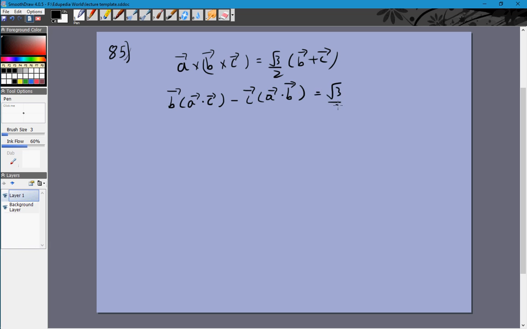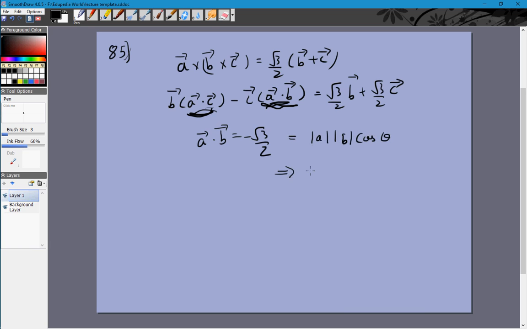This is equal to root 3 by 2 B plus root 3 by 2 C. Now since B and C are not collinear, this term has to be equal to root 3 by 2 and this term has to be equal to minus root 3 by 2, which means A dot B is equal to minus root 3 by 2, because B and C are linearly independent vectors. This is equal to mod A mod B cos theta, which means the angle between them is 150 degrees, which is 5 pi by 6, which means the answer is option 4.